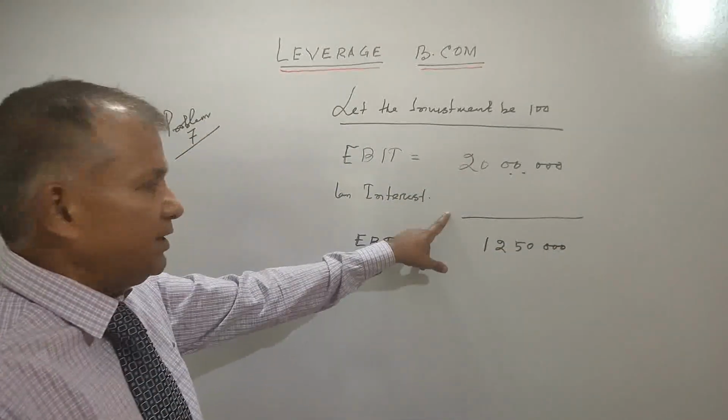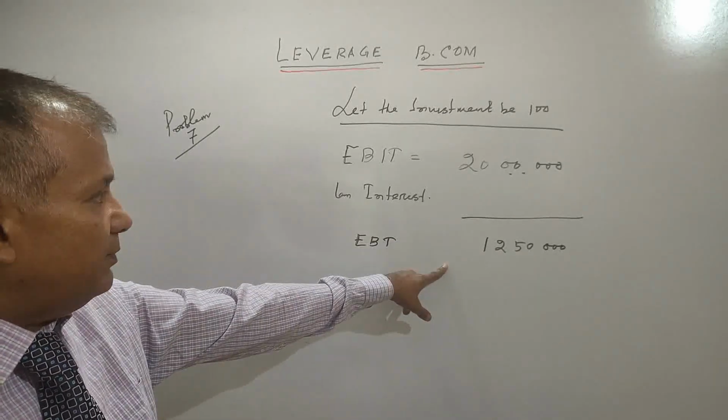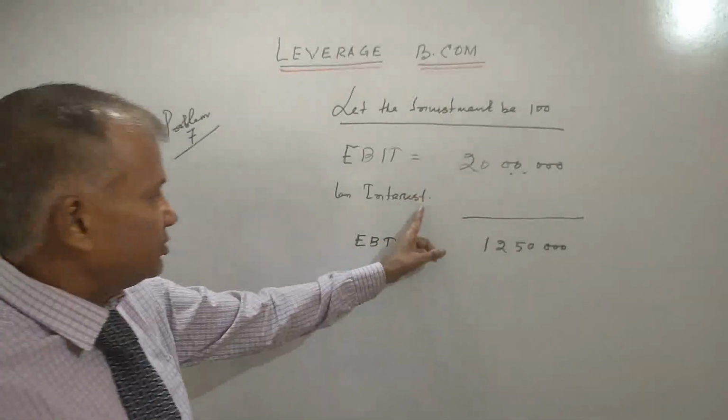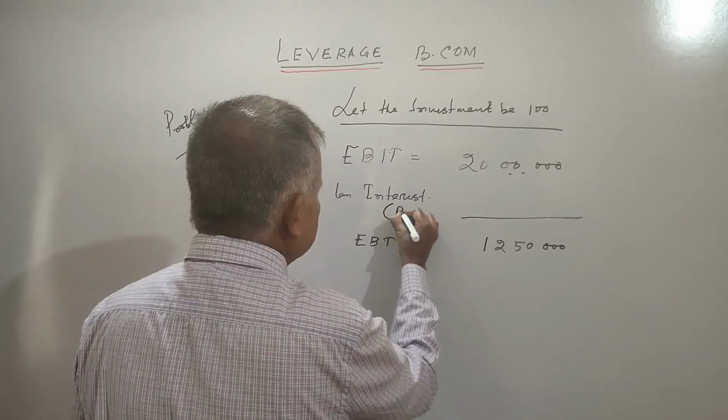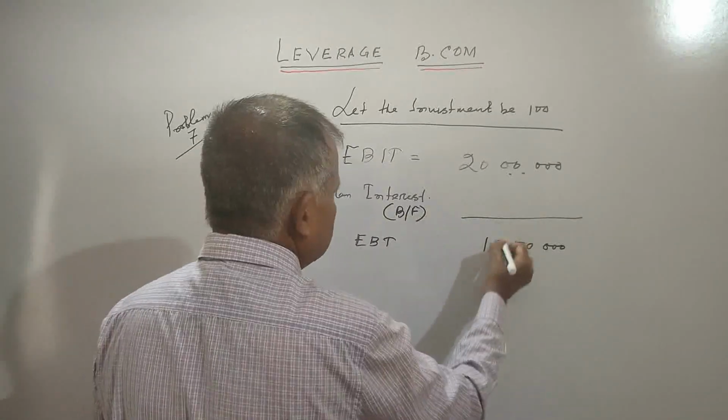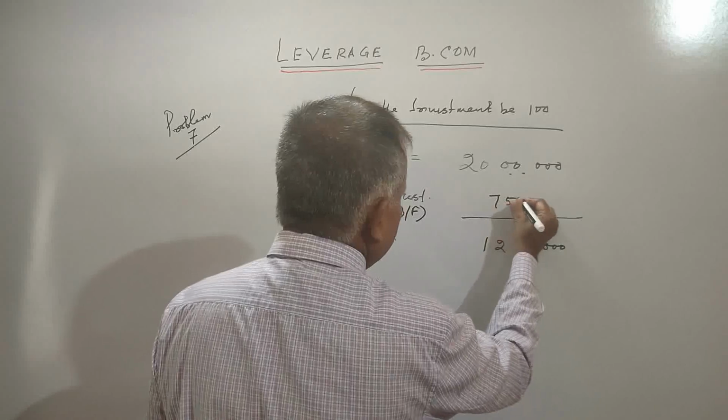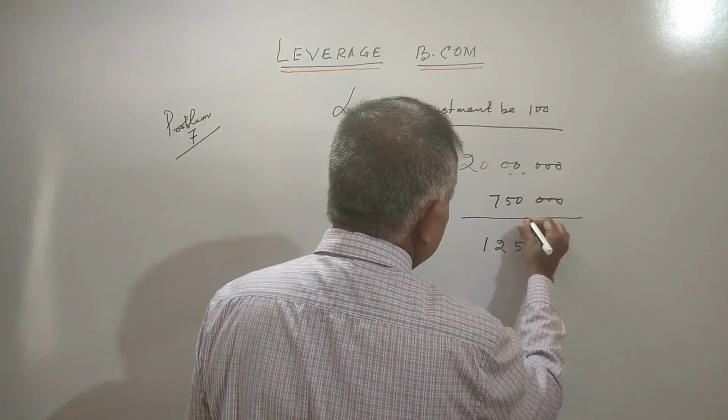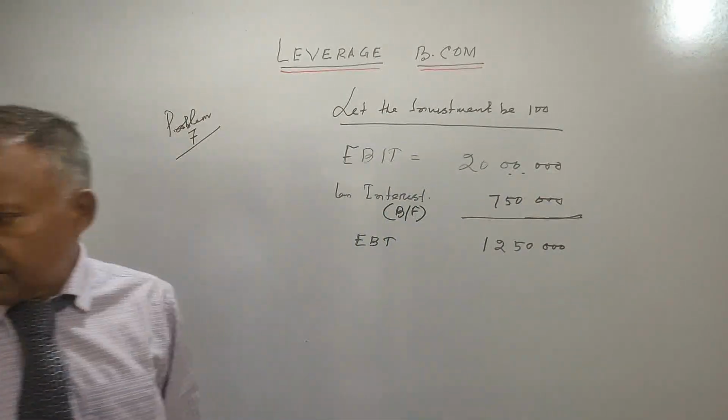So EBIT minus interest is equal to EBT, and so interest is the balancing figure. This is equal to 7,50,000. So friends, interest is 7,50,000.